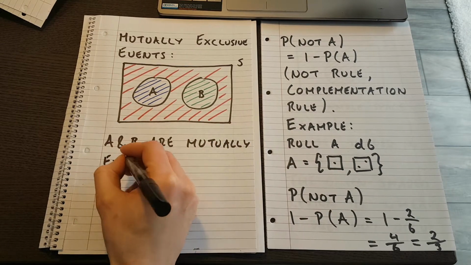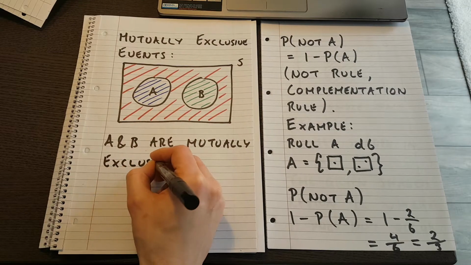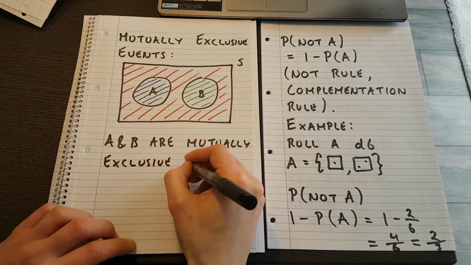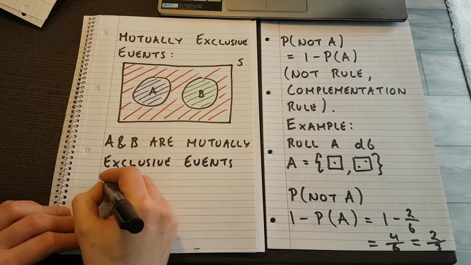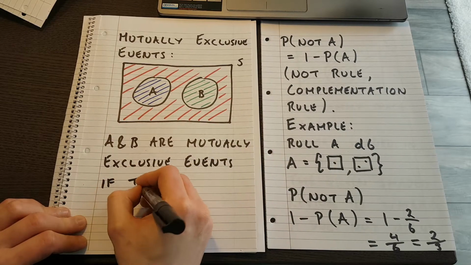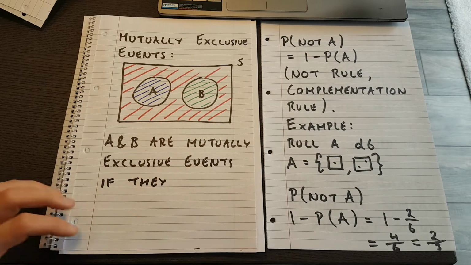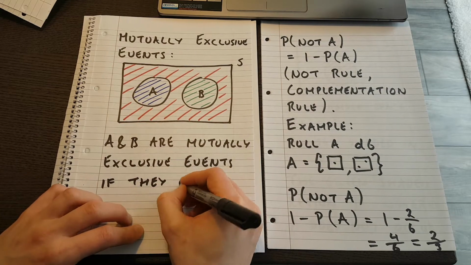Mutually exclusive events. Two events are mutually exclusive if they share no common outcomes, if they cannot occur together.